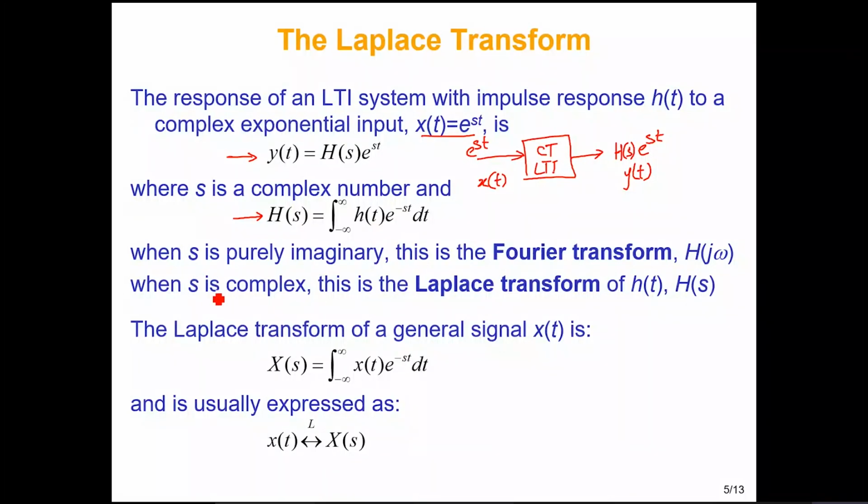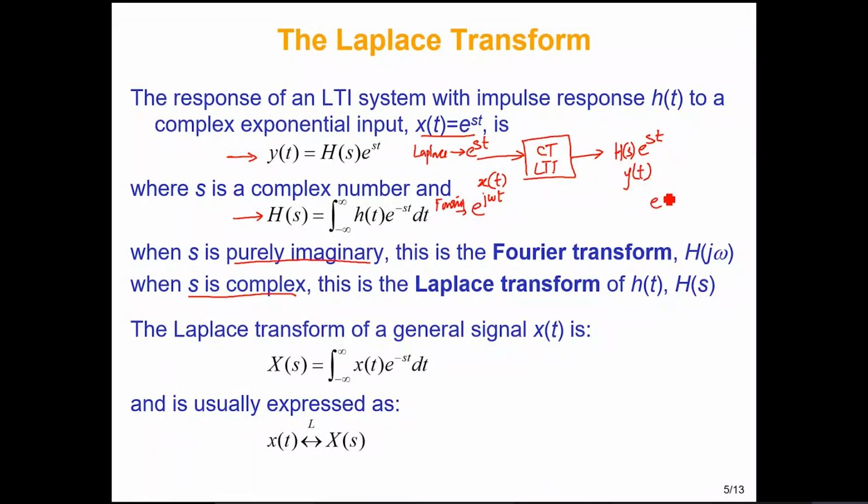Now, instead of any complex number, if we use a purely imaginary value for s, that is, we take s as j omega, then e raised to the power of j omega t is also an eigenfunction. The first was given to us by Laplace, and we call it the Laplace eigenfunction. This one was given to us by Fourier, and we call it the Fourier eigenfunction.